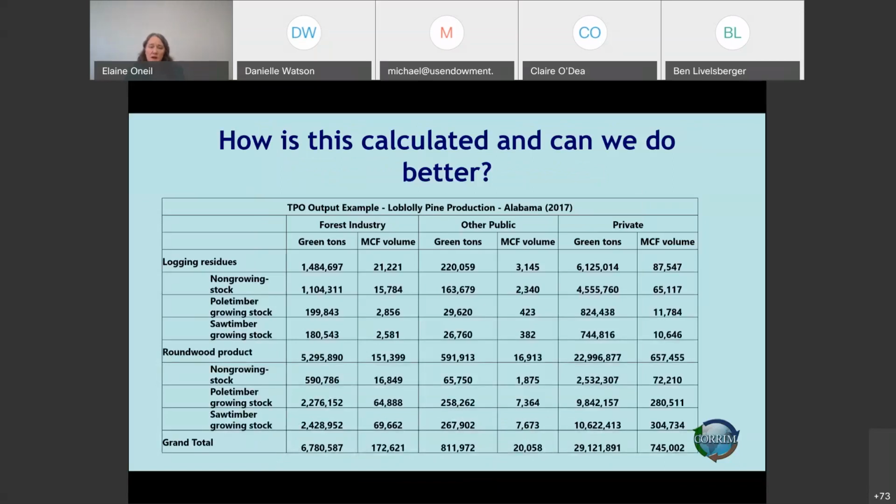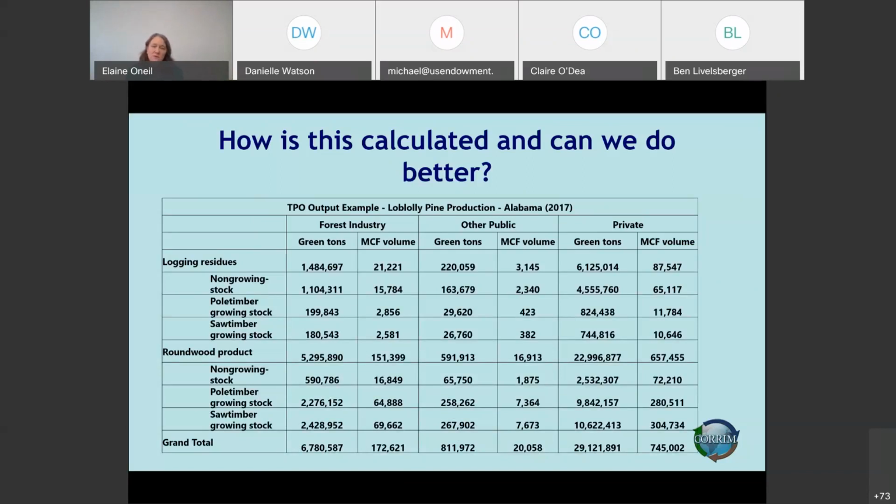So I think I already talked about this actually, this idea that, when TPO collects that data, maybe through this process that Michael is advocating with the American Wood Council, is there a way to get more granularity and a tighter fit between what's happening on the forest resource side and what's happening in the mill product side?